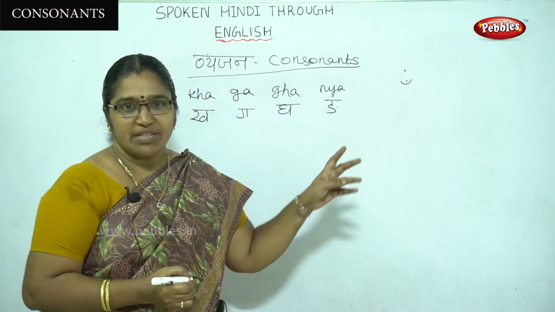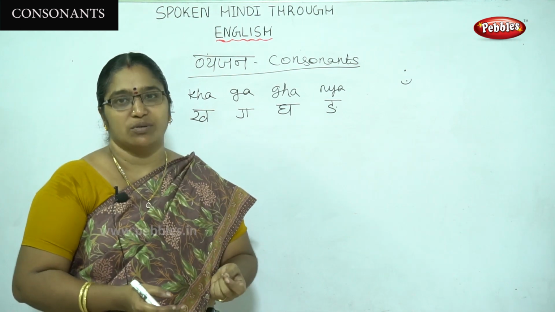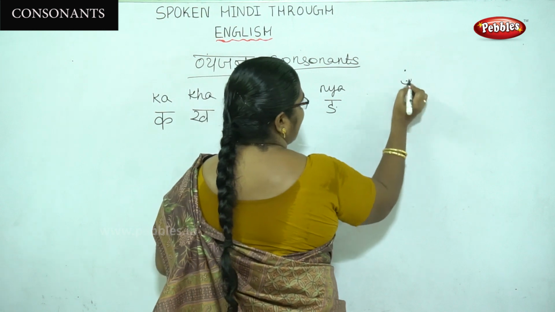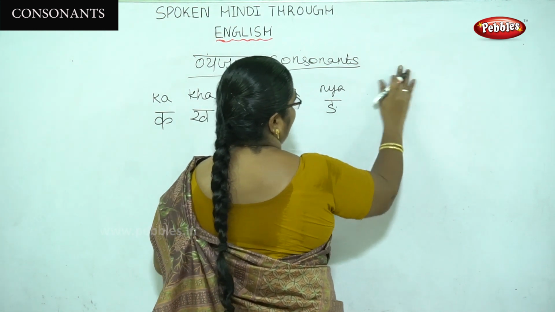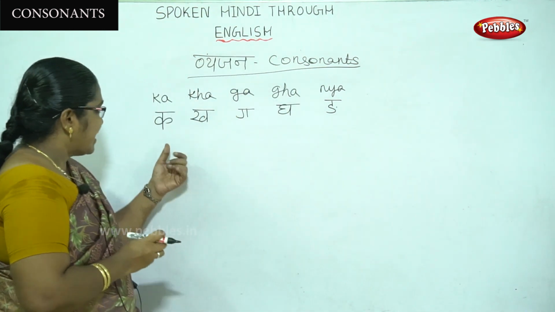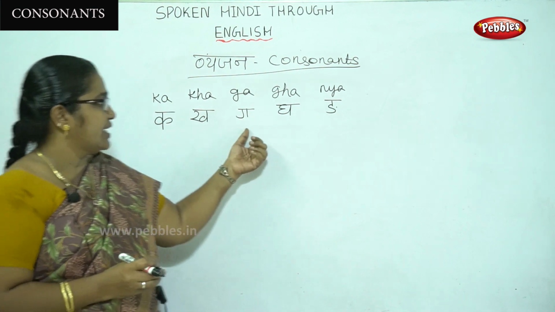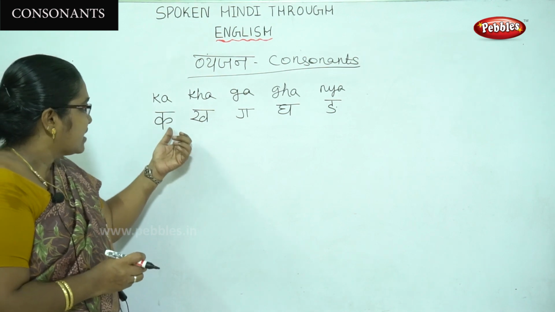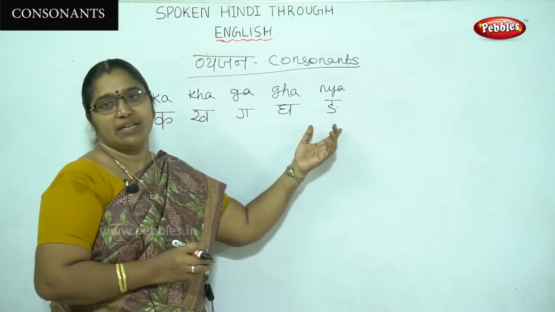These are the basics we have to know. The first line is ka, kha, ga, gha, nya.